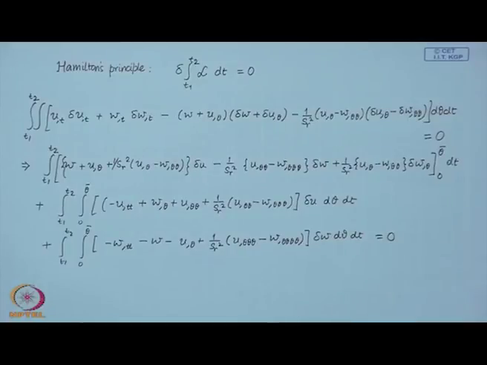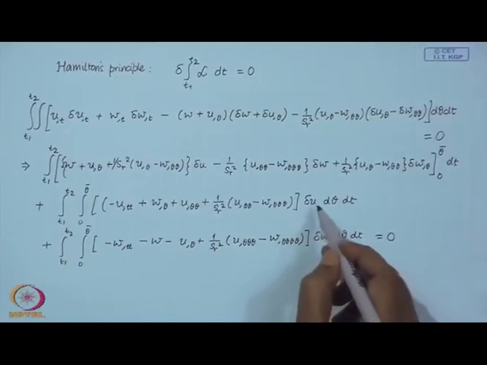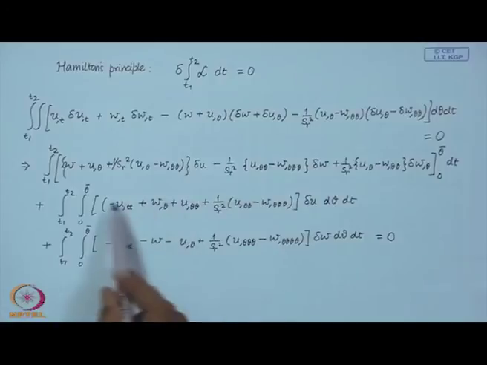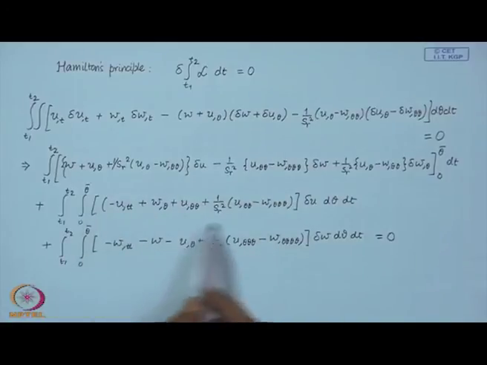So, this is what you will obtain. Now, from here it is easy to see that, using standard arguments, this integrand must vanish and similarly this integrand must vanish, delta u and delta w being independent. So, we have the equations of motion.